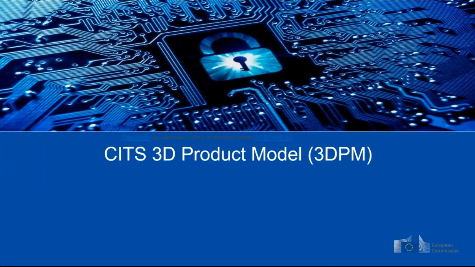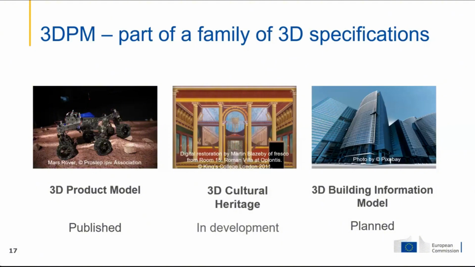So, moving onward to talk about specifically the new 3D product model CITS, or 3DPM. This is intended to be part of a family of 3D specifications. This is a bit of a departure from where we are today with the CITS, in that they are all fairly niche and separate, dealing with different domains and different data types.